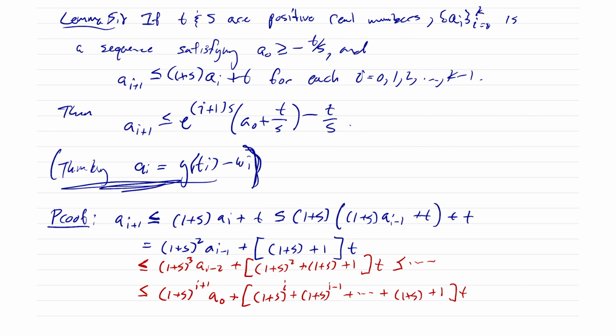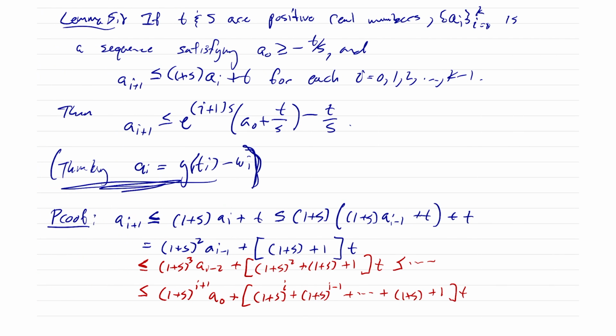Well, you can notice that this is a geometric sequence. It's not a geometric series, which would require that 1 plus s is less than 1 in order to use the formula. But in our setting, since this is a finite sum, there's a finite geometric sum formula, if you remember it or not.